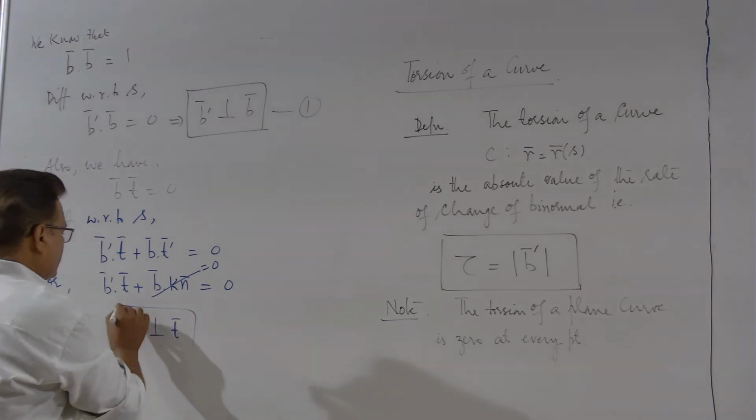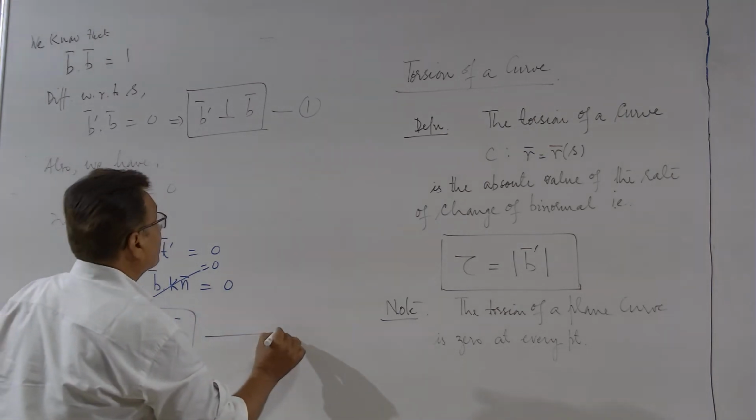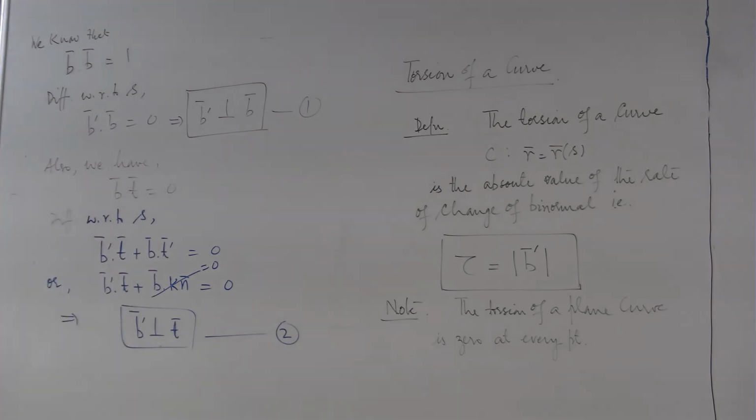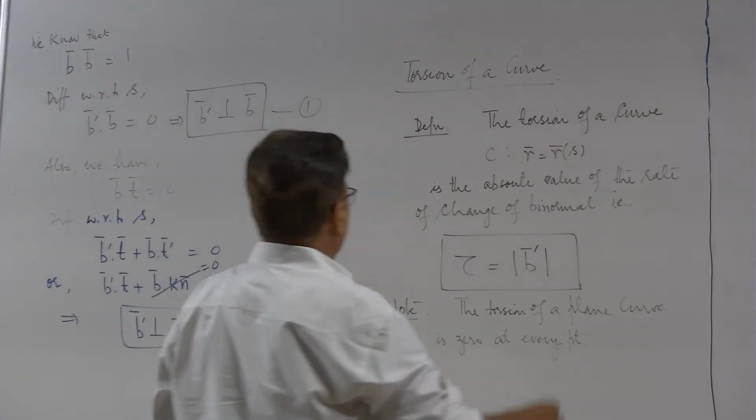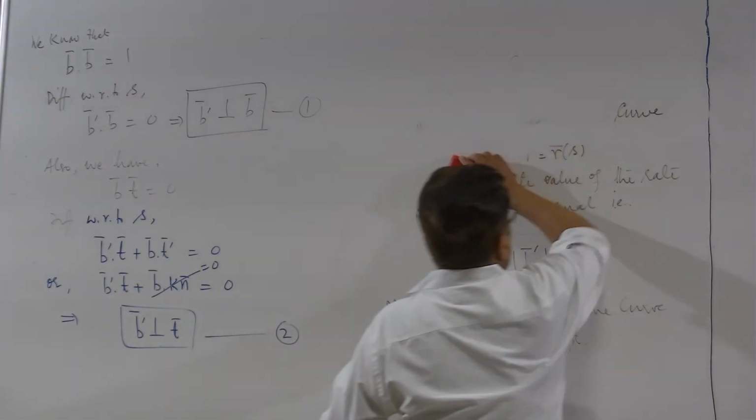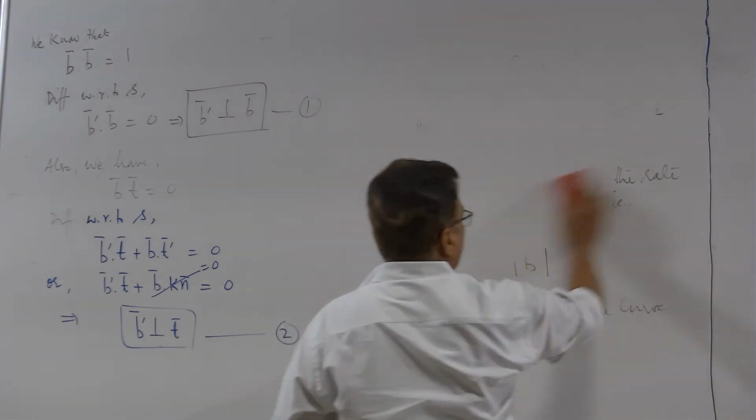This is observation number 2. Now, b dash is perpendicular to b as well as perpendicular to t. So, it has to be parallel to n. So, these 1 and 2 imply that b dash is parallel to n.